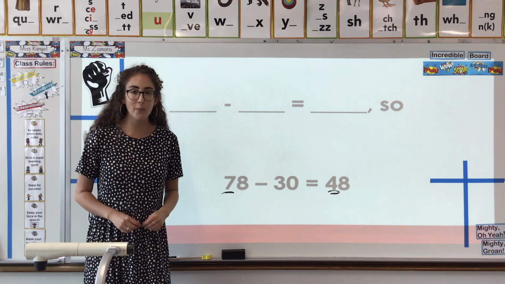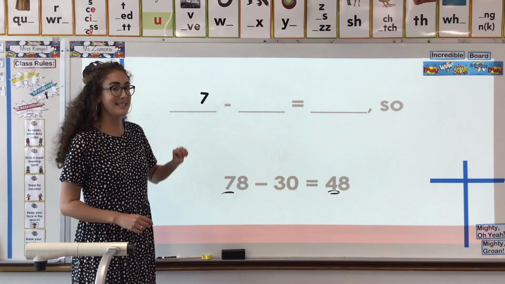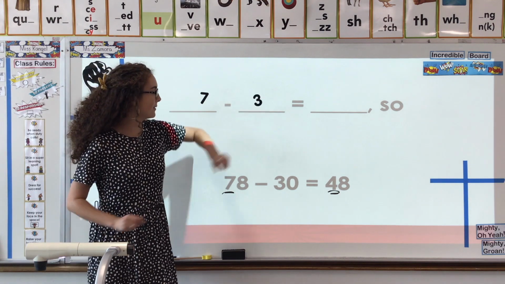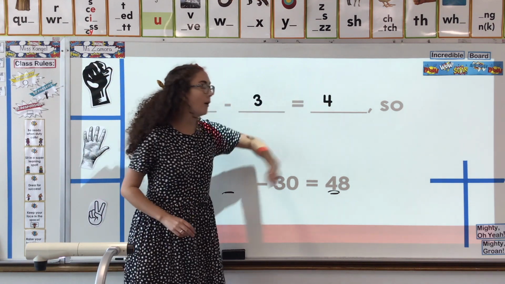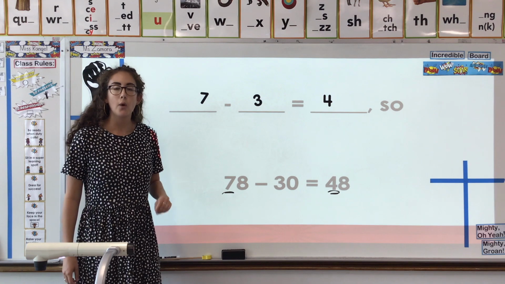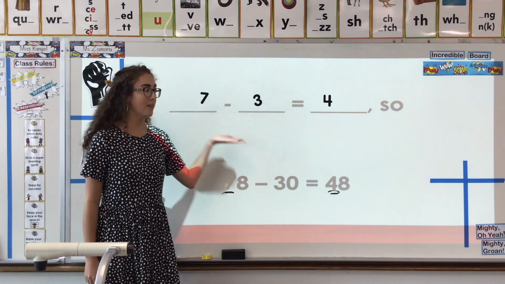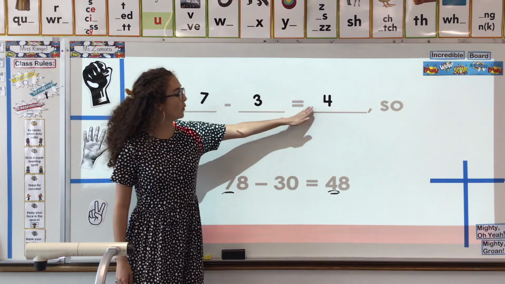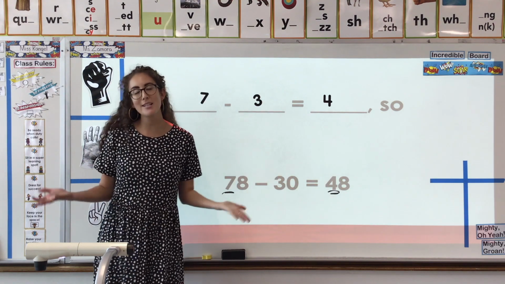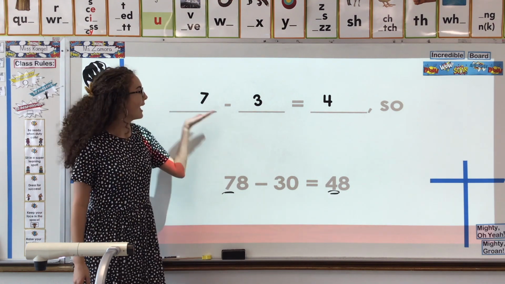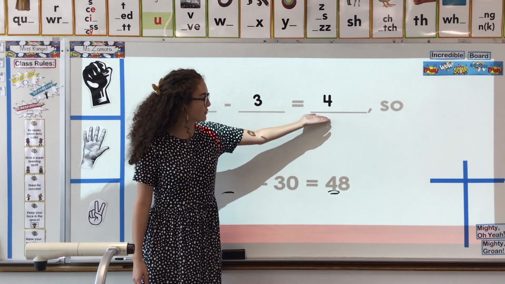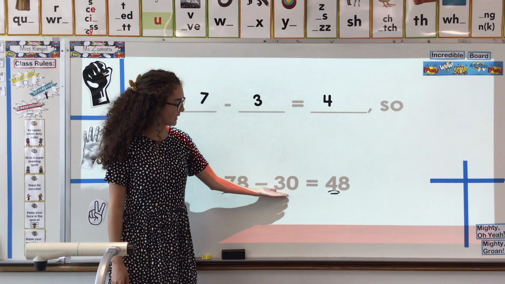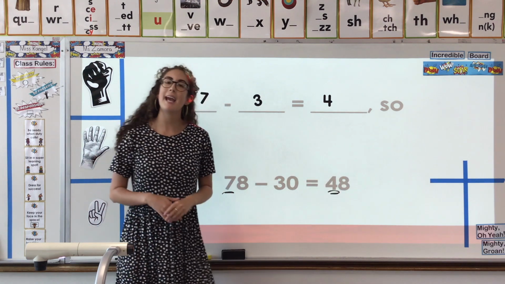Our simpler equation is we had 7, we subtracted 3, and we got 4. We knew that all we were working with was our tens, and this equation gave us our tens value. 7 minus 3 equals 4, so 78 minus 30 equals 48.